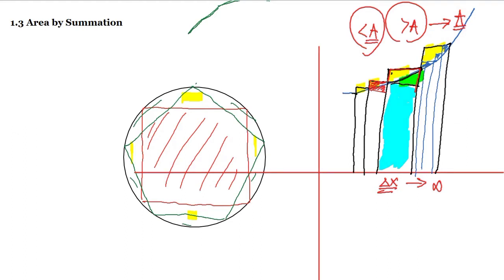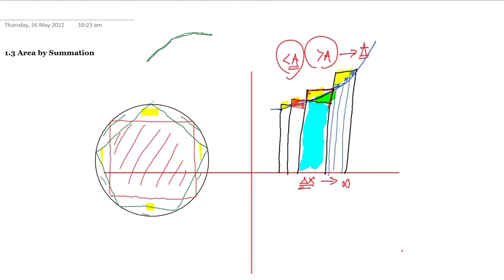So far, dito sa first problem natin, ang ginawa natin dito is, nagkaroon tayo ng inscribed at saka circumscribed, no? Tapos, sa next topic natin, i-introduce ko naman si trapezoidal at saka si Simpson's rule, no? Yung trapezoidal rule at saka si Simpson's rule, siya yung ginagamit natin sa surveying natin.